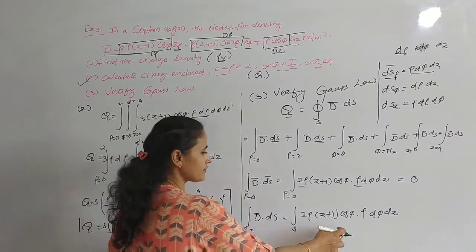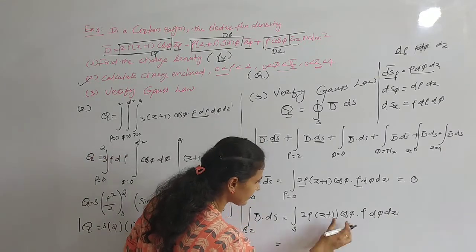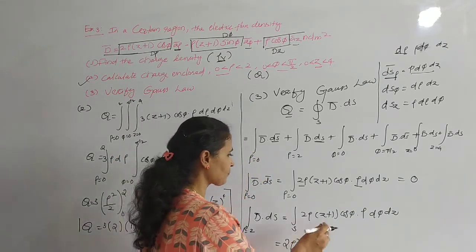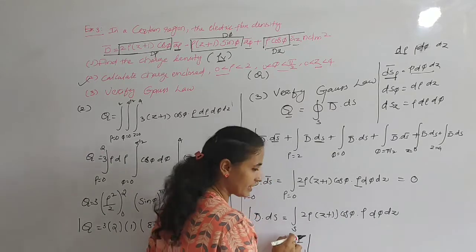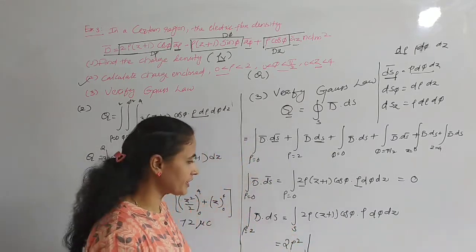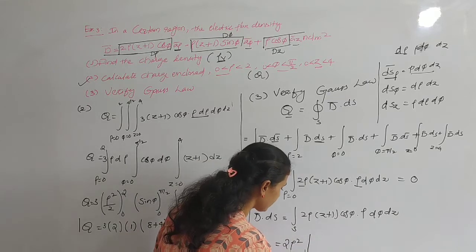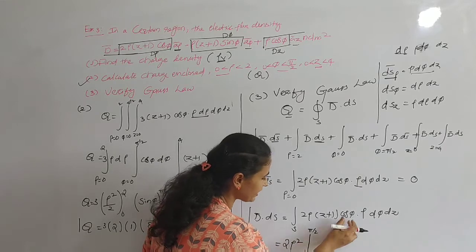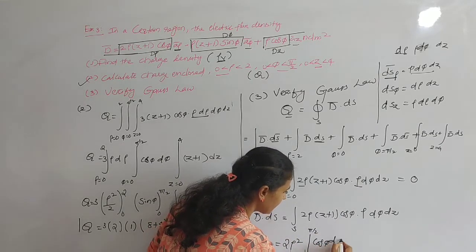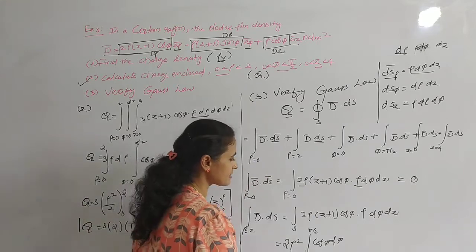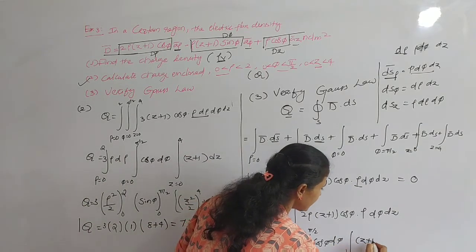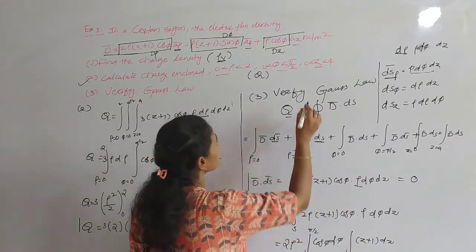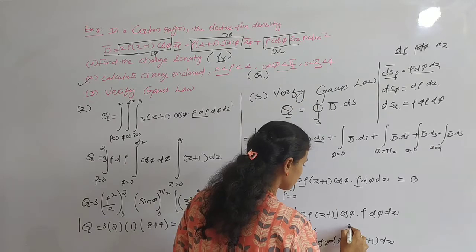Taking the rho terms as constants, 2 rho square is taken outside. There are two integrals: one is for phi, with limits from 0 to pi by 2, and the phi term is cos phi d phi; the second is z plus 1 dz, with limits of z from 0 to 4.